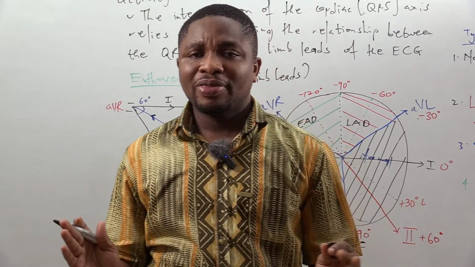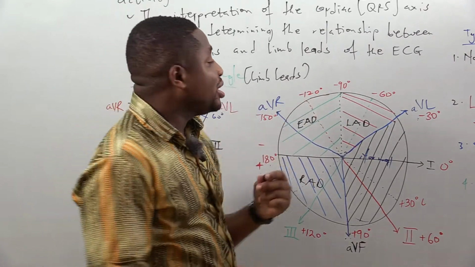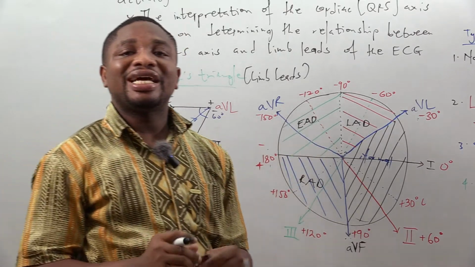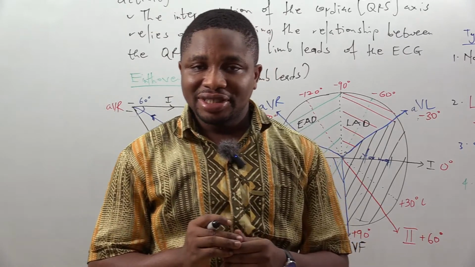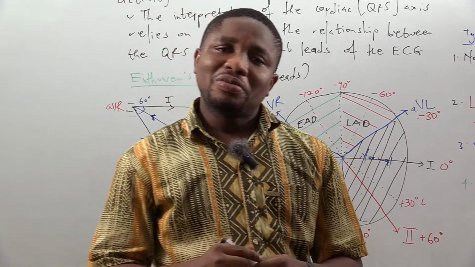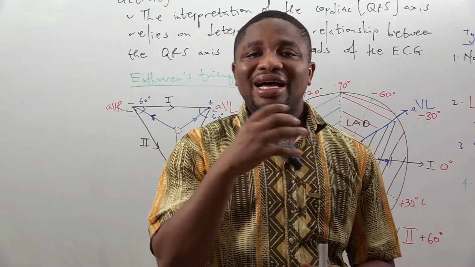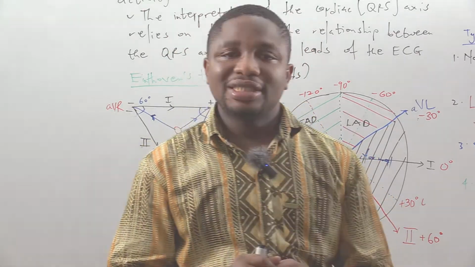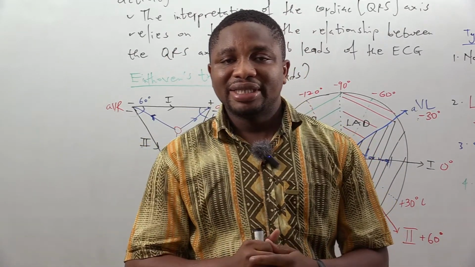Extreme is when you have the cardiac axis falling between minus 90 degrees and minus 180 degrees. Then we'll say that that is an extreme axis deviation. So we are going to be using a lot of approaches to determine the cardiac axis on an ECG. Okay, let's move ahead and look at such methods.